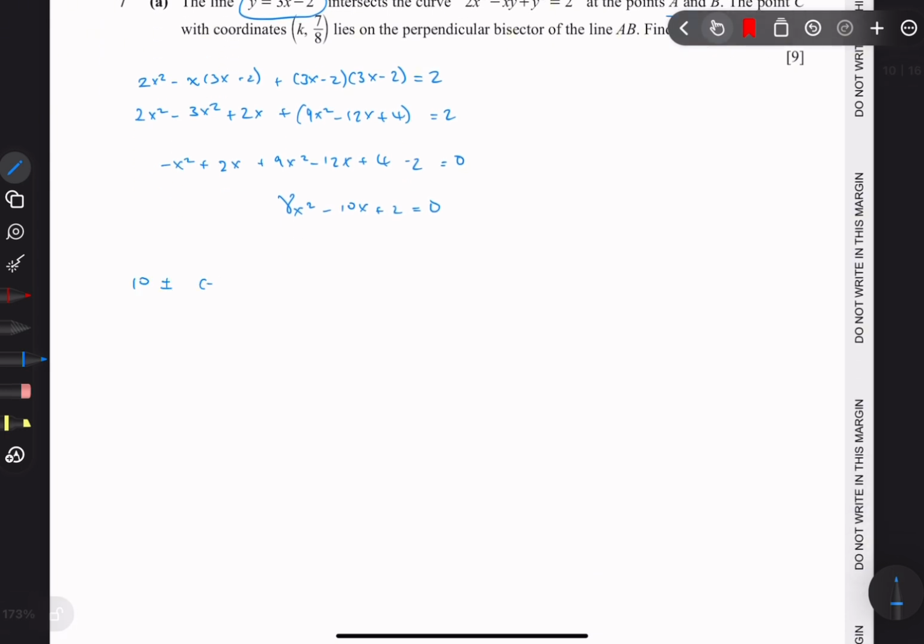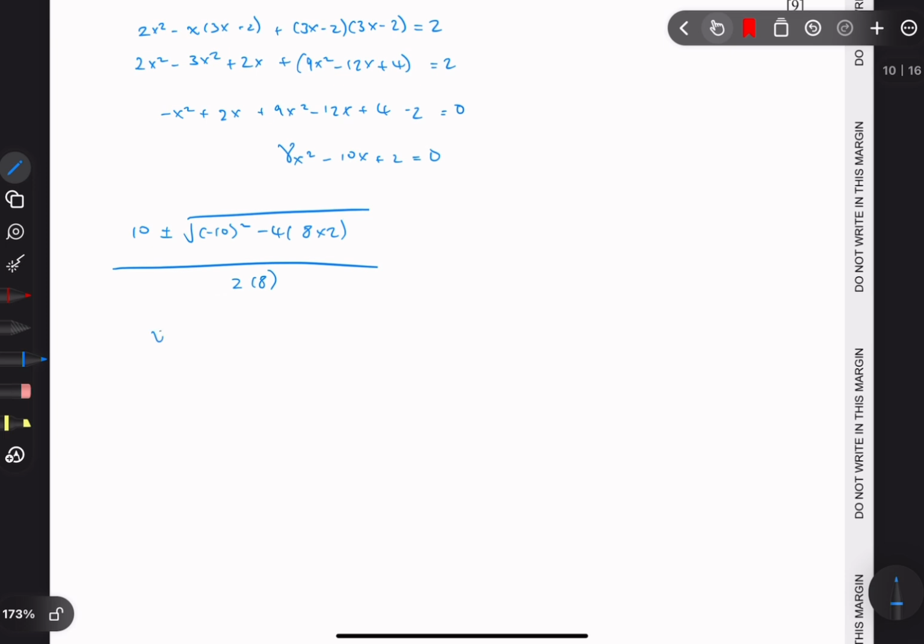We can use the quadratic equation. And x can be these values. So A can be 1 over 4 and the y value, we don't know yet. B, 1, y value, we don't know yet.